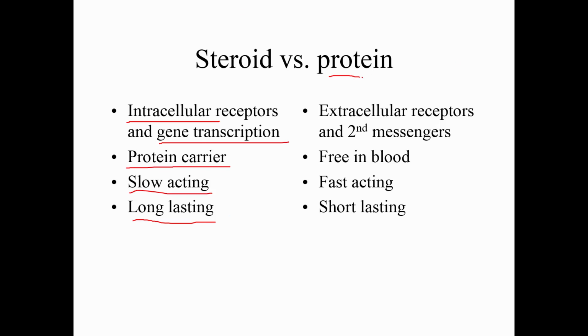Proteins, on the other hand, tend to work through extracellular receptors in the plasma membrane. They activate the production of an intracellular second messenger. They're carried freely in the blood. So because they're working on a second messenger and activating proteins that are already present, they work very rapidly, and because they're not shielded from degradation by a protein carrier, they are broken down quite quickly.